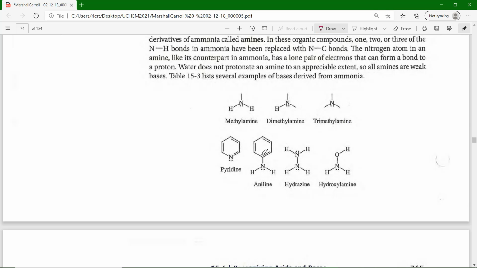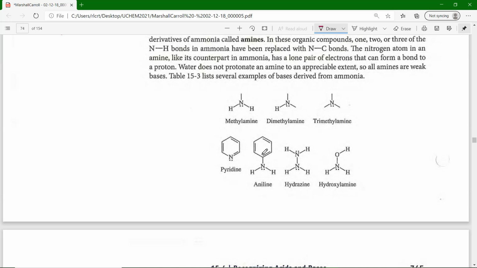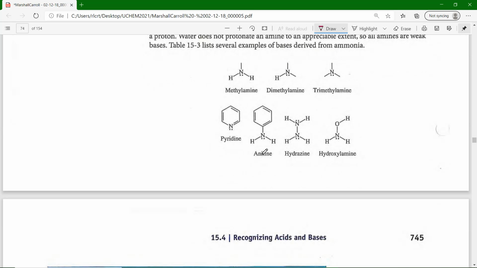They're all weak bases, which means they aren't that strong. A base accepts a proton or releases OH minus. Weak bases accept a proton. All amines are weak bases. They don't protonate to an appreciable extent.